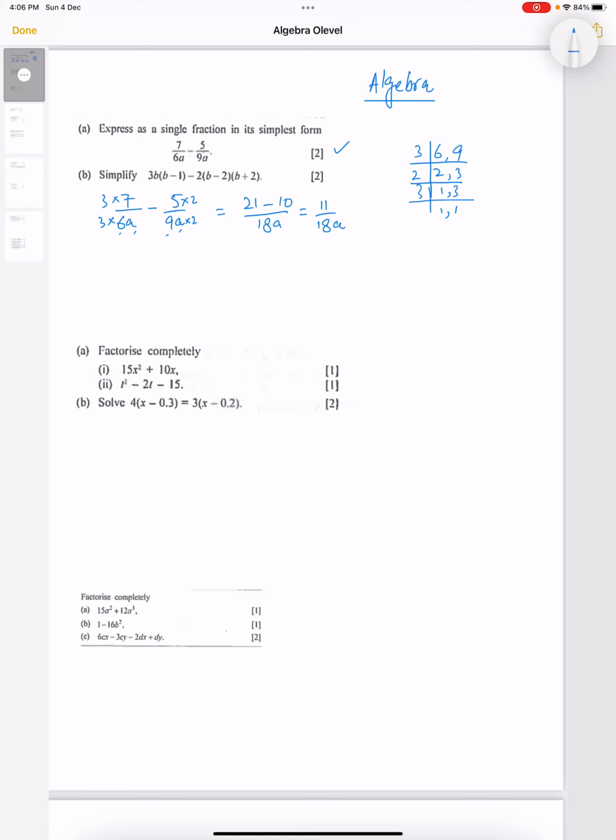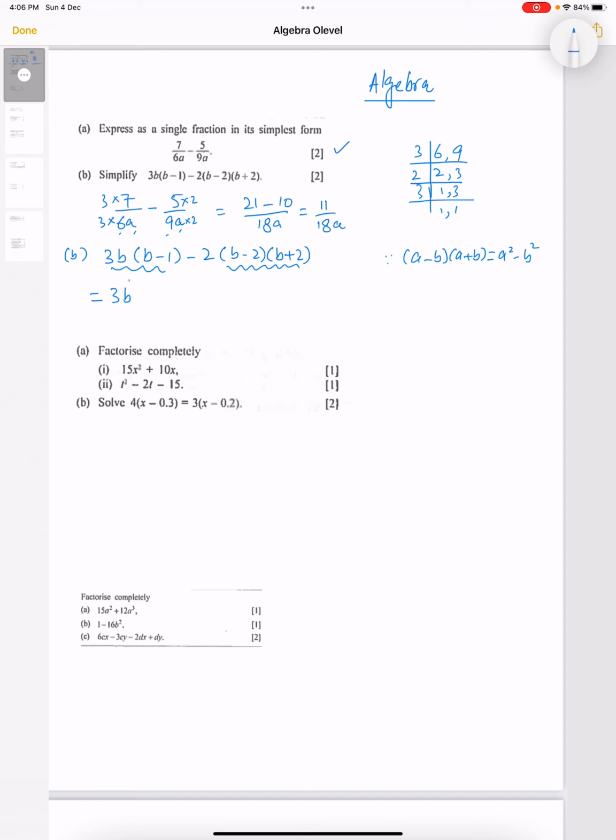Now B part. Simplify 3b times (b minus 1) minus 2 times (b minus 2)(b plus 2). These two brackets will be opened by using the identity (a minus b)(a plus b) equals a squared minus b squared. And here you will simply expand.